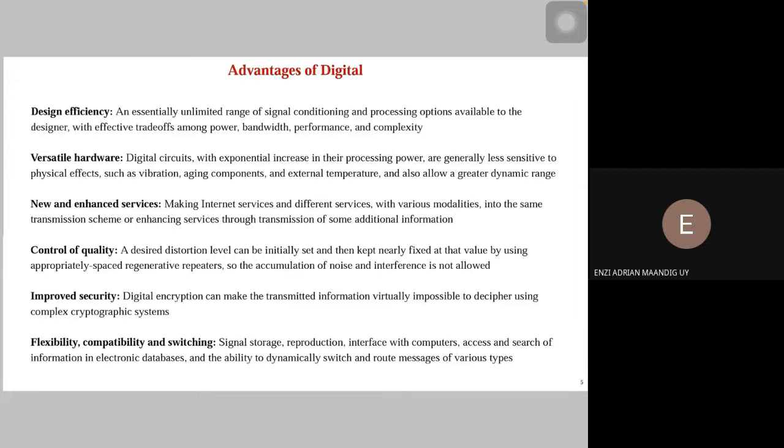Pwede magyod mo diretsyo, pero ako sa nang introduce una ng mga concepts para natin somehow bird's eye view kung asa to magamit ng mga techniques.